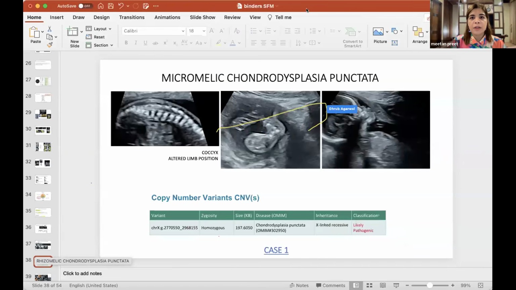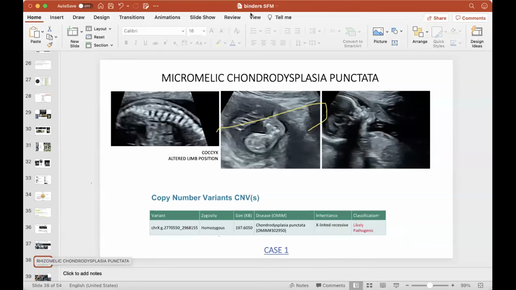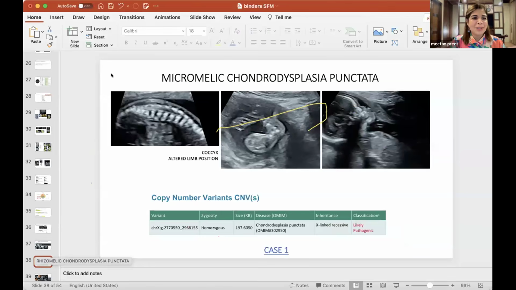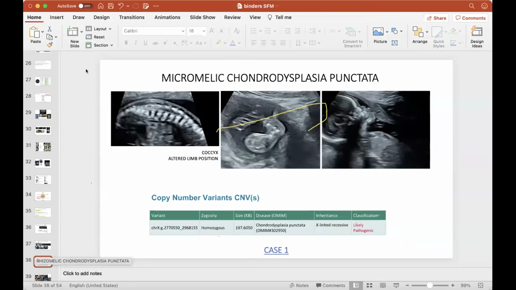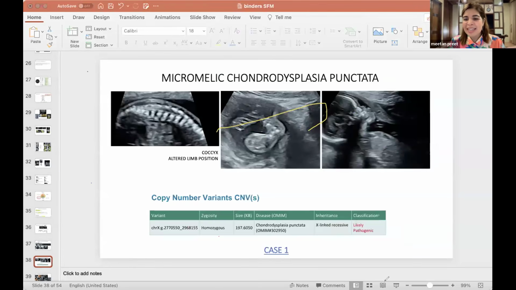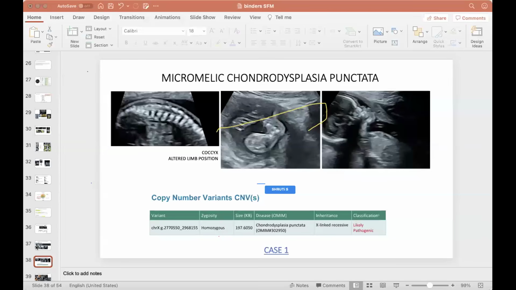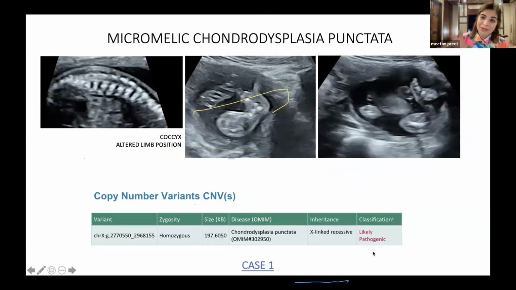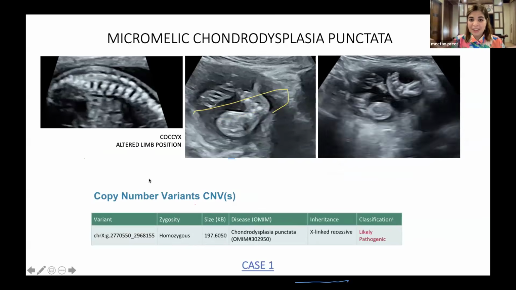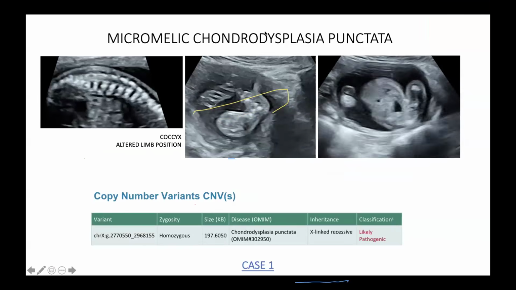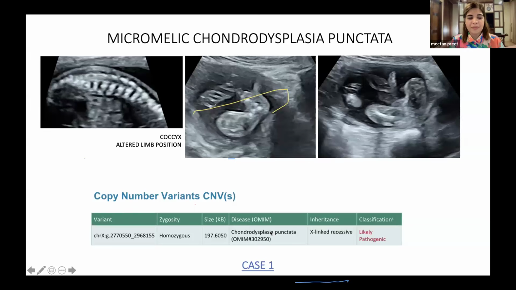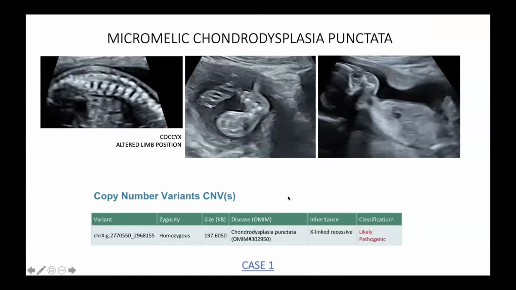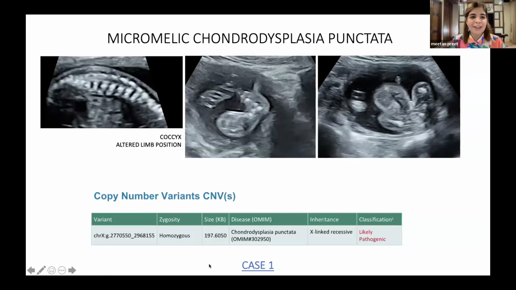There's another line already. Dear delegates, please refrain from touching your screens as much as possible. Let me stop and reshare again. Better? Yes. I hope nobody touches their screen now.